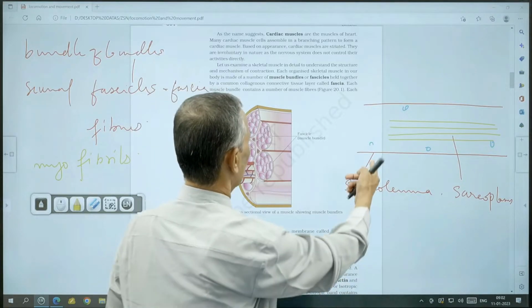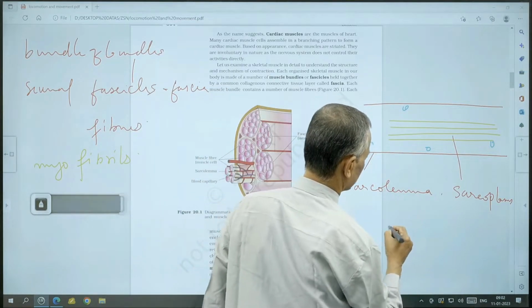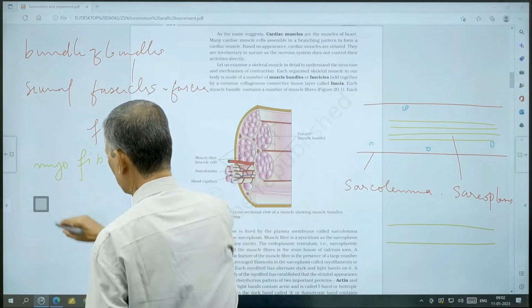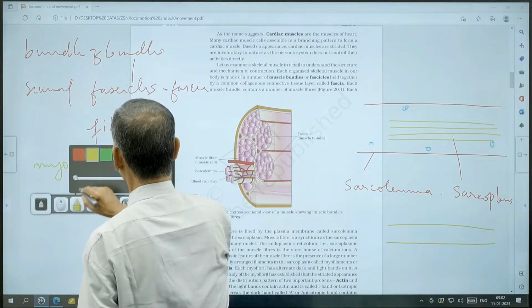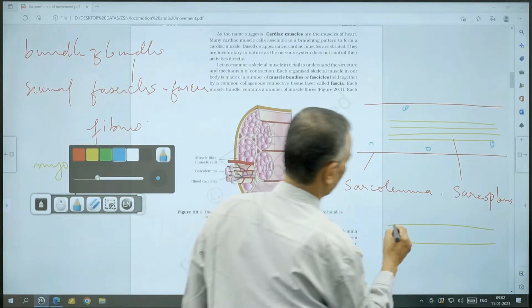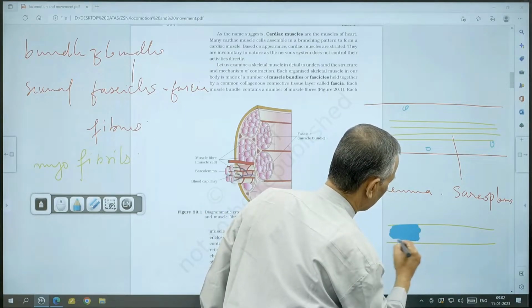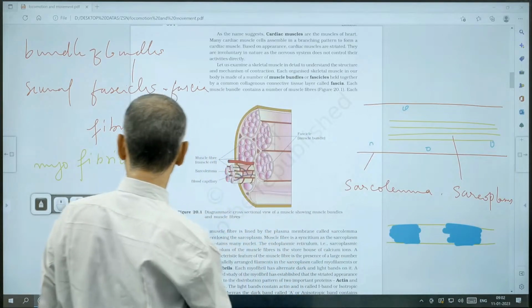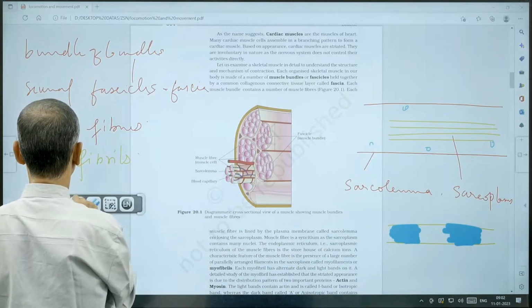You take one myofibril, you can see that this myofibril will be having alternate dark and white bands in it. Okay, you are having dark part and white part in it.